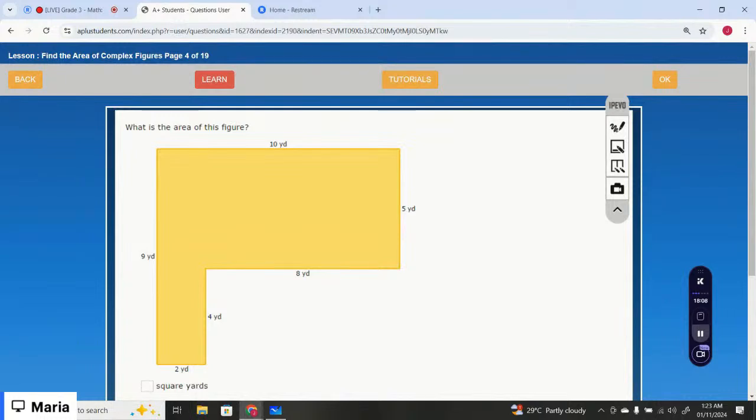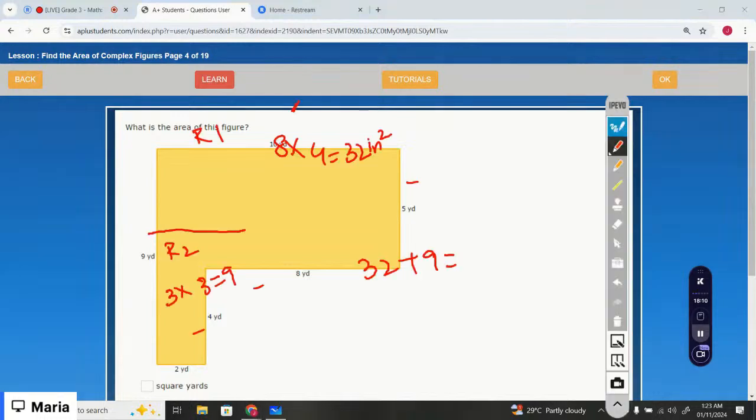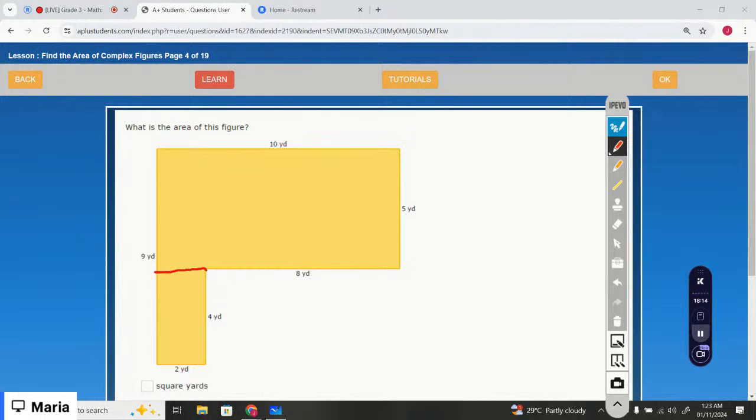What is the area of this figure? So let's just divide this figure into two smaller figures like this, right? You can divide the other way also. That is grade 3 math. The chapter we are on right now is Geometric Measurement, and the lesson I am on right now is Find the Area of Complex Figures.